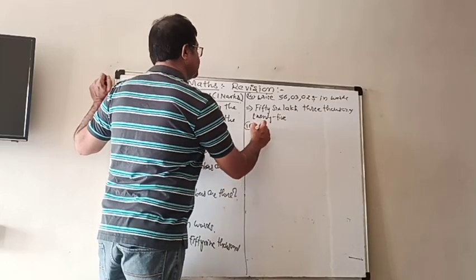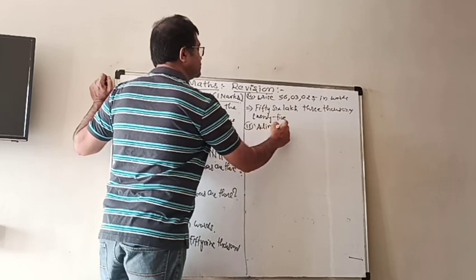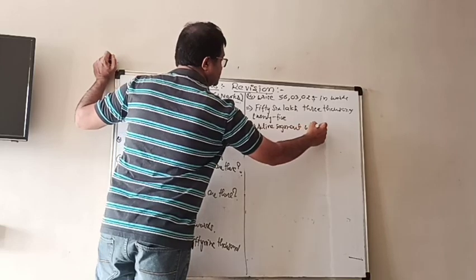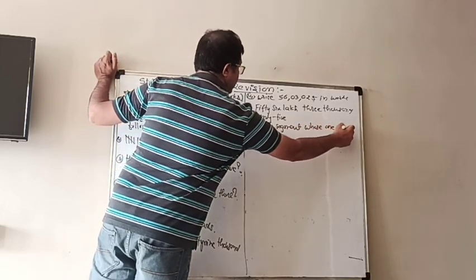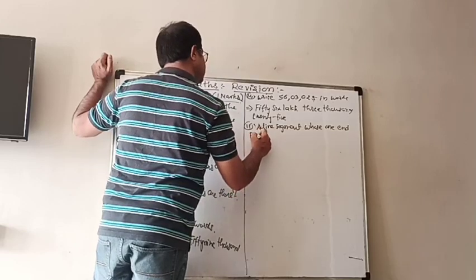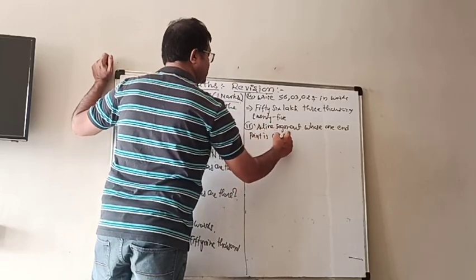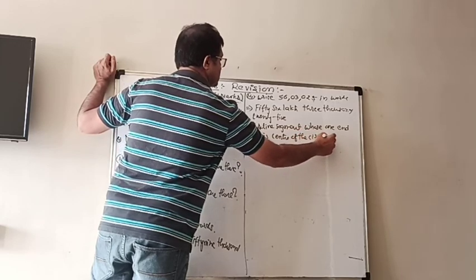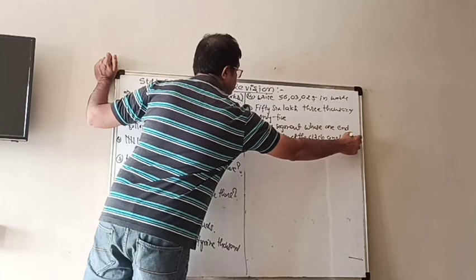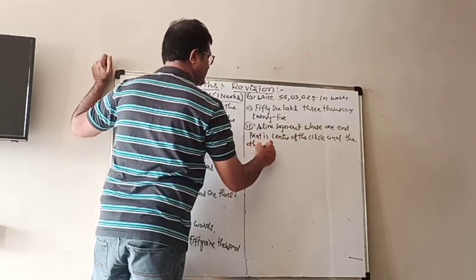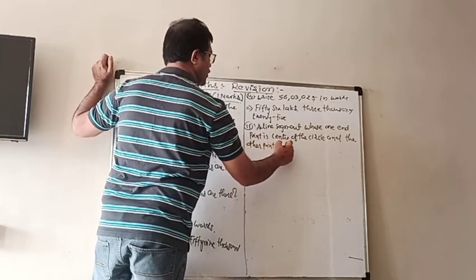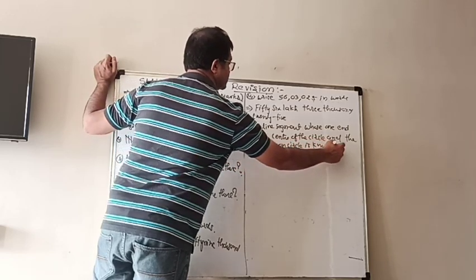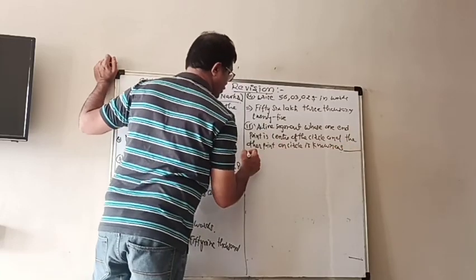A line segment whose one end point is the center of the circle and the other point on the circle is known as blank of the circle.